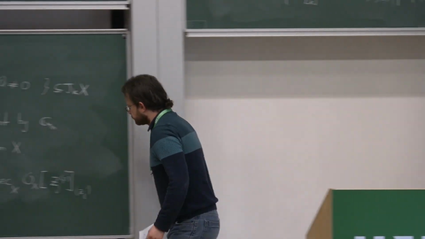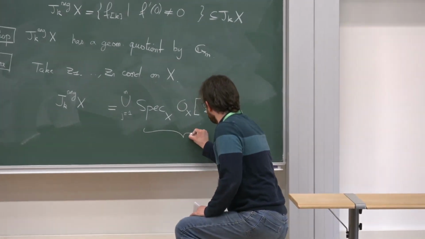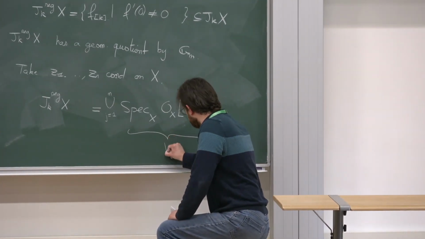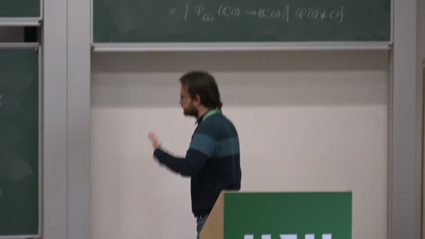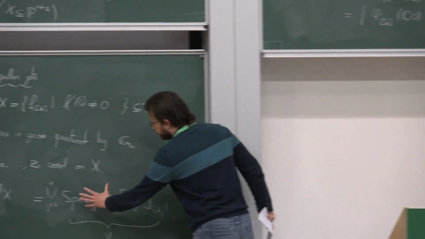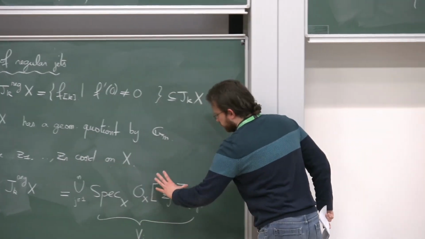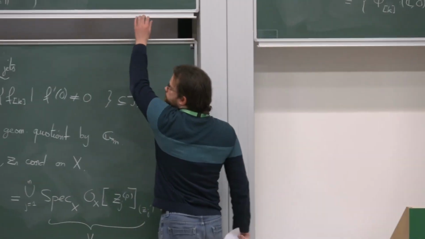Let me denote this relative Spec by V_j. So it's the union of n affine charts, which are Spec of these rings.